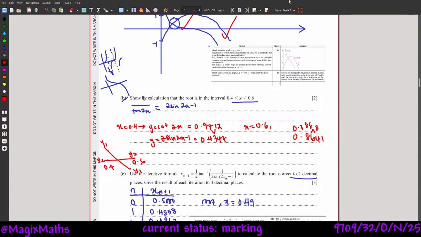Let's justify. It says here f 0.4 times f 0.6 is less than 0.